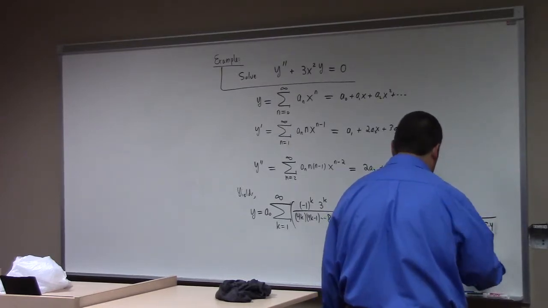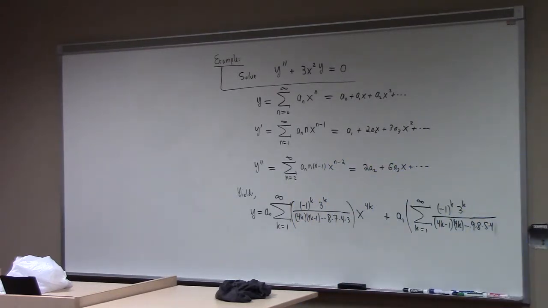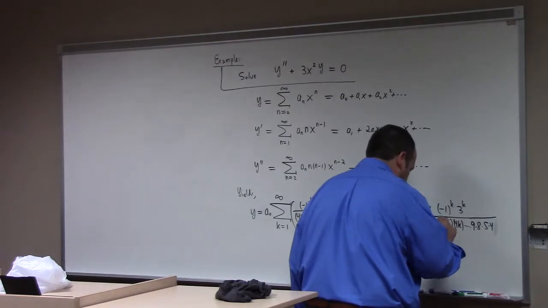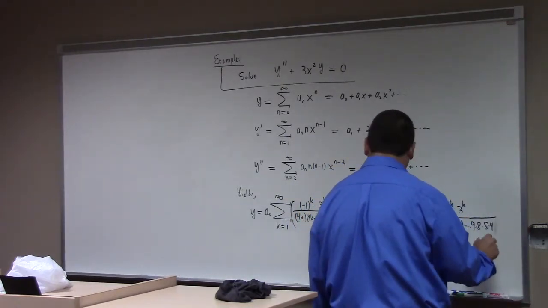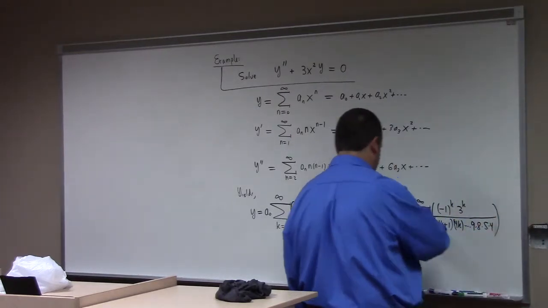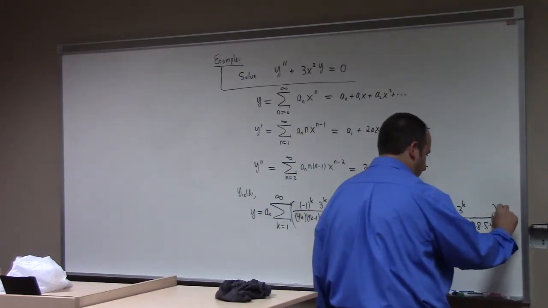Did I do it wrong? Oh, 4k plus 1. Oh, yes, thank you. 4k plus 1, yes. And all of that times x to the what? X to the 4k plus 1, right?